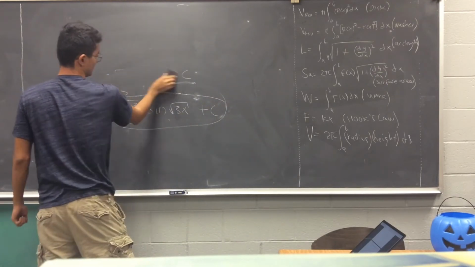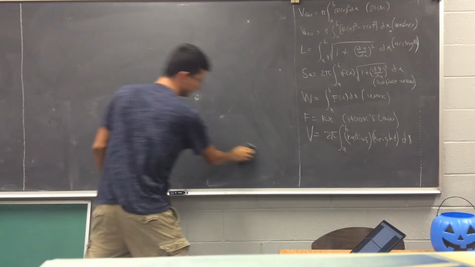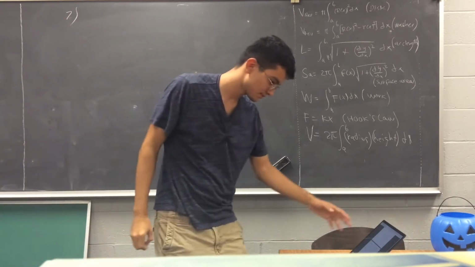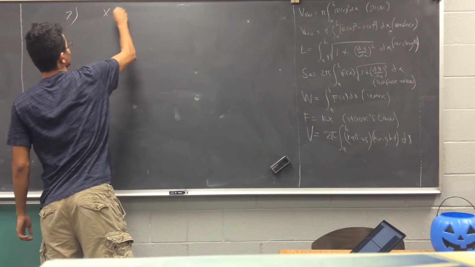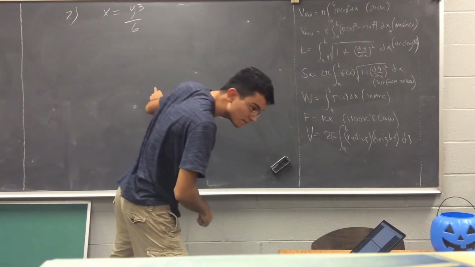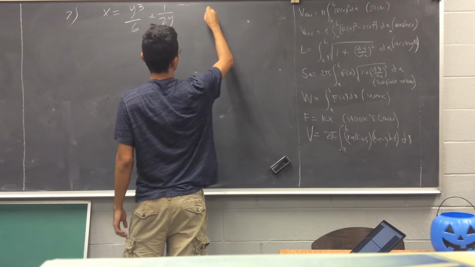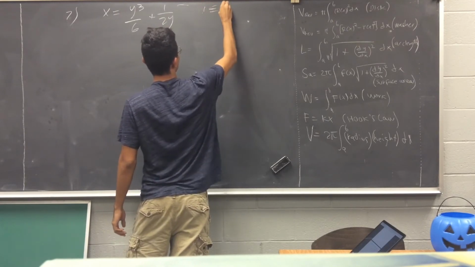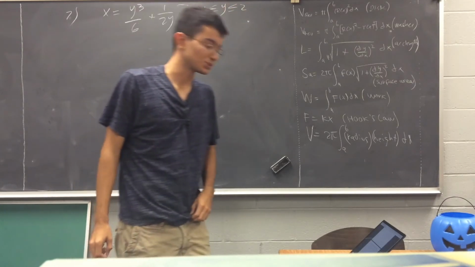For question 7, we have x equals y cubed over 6 plus 1 over 2y, and we're going to integrate from 1 to 2. So 1 is less than or equal to y, which is less than or equal to 2.